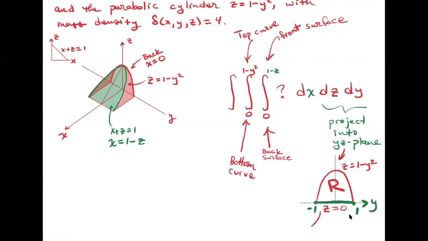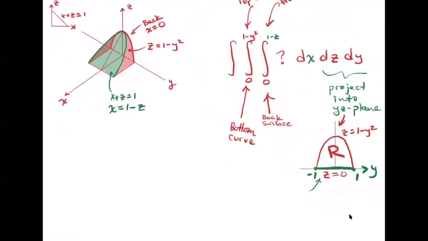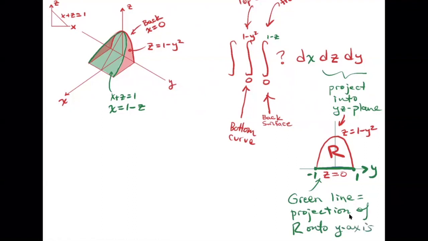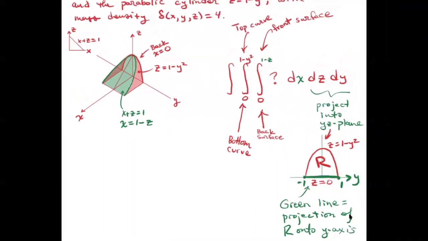The green line here is the projection of R onto the y-axis. So again, that makes y go from -1 to 1.